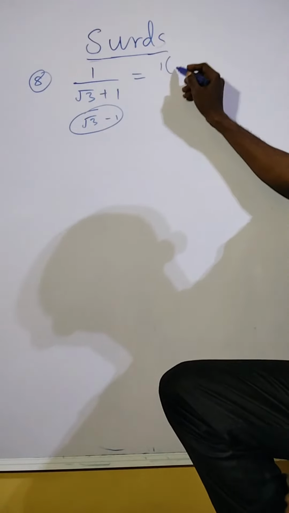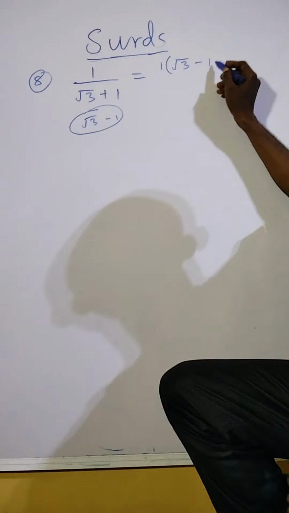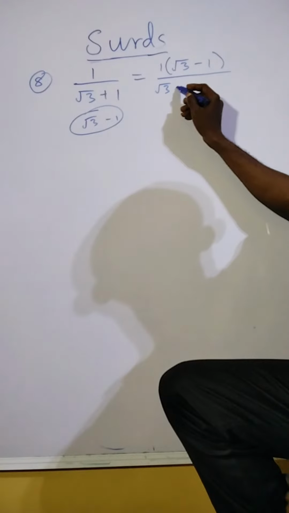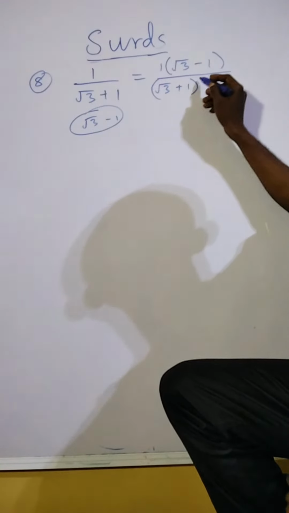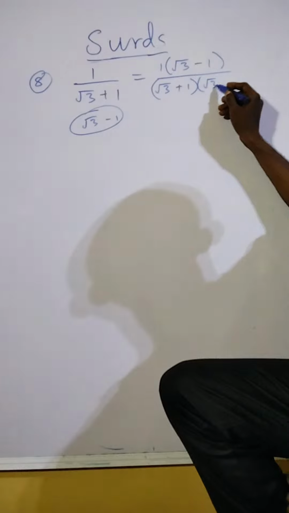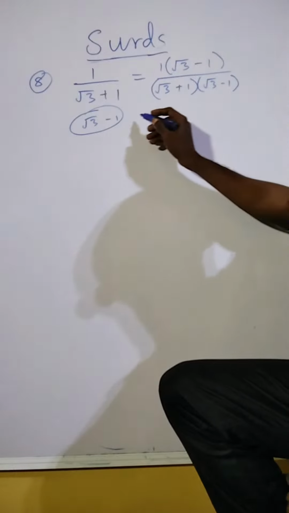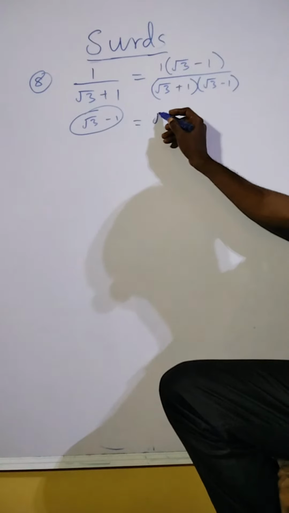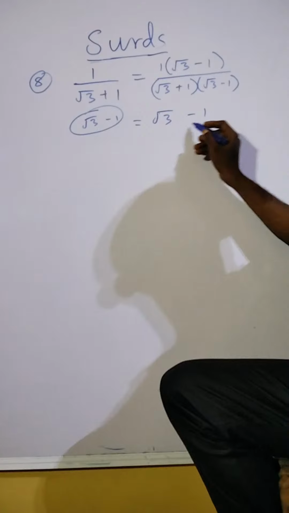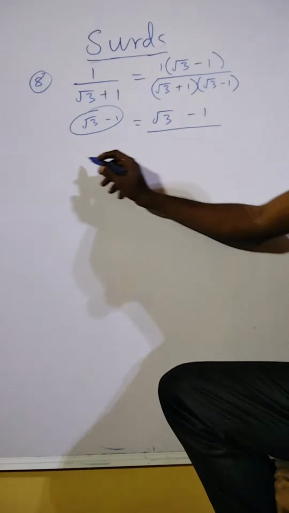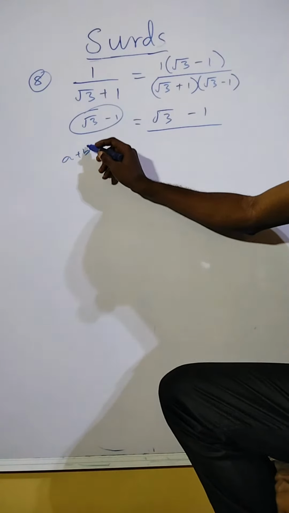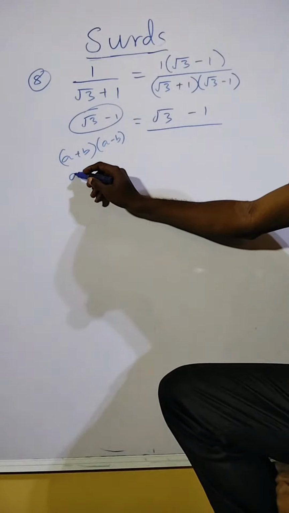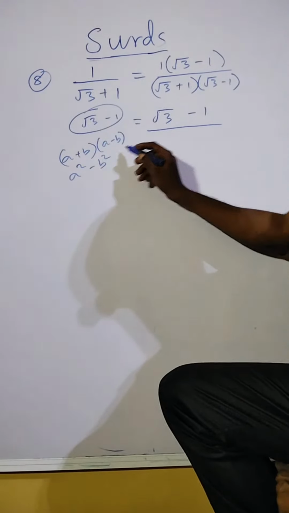So this becomes 1 times (root 3 minus 1) over, also use it to multiply this, that's (root 3 plus 1) multiplied by (root 3 minus 1). When we simplify, in the numerator we have the same thing, root 3 minus 1, over here. This follows when we have (a plus b) into (a minus b), this is a squared minus b squared.